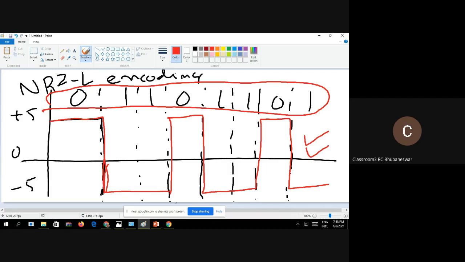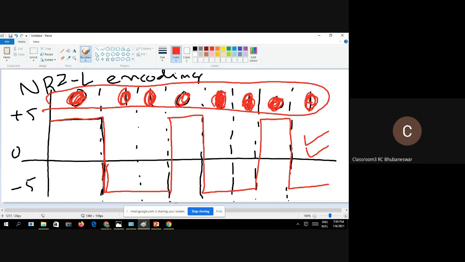हमको डिकोड करना पड़ेगा. Here I am just removing all these values. Receiver receives this signal. You ask me what is the value.